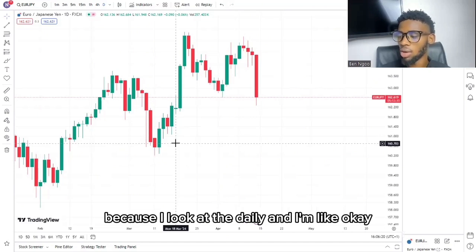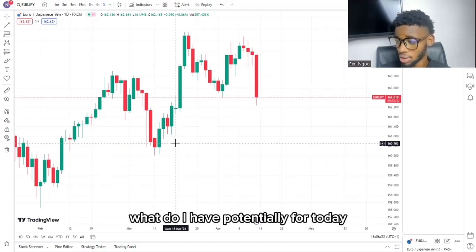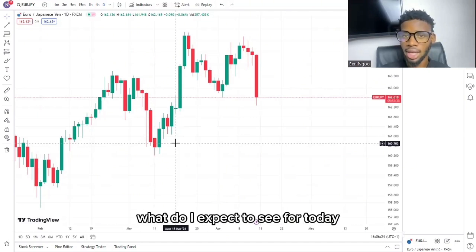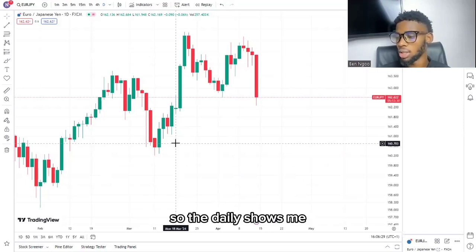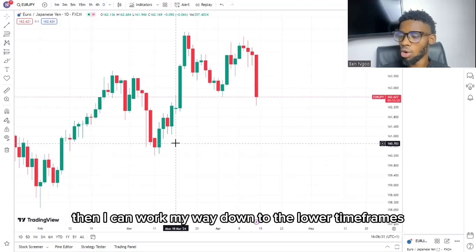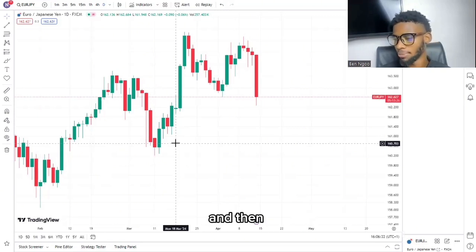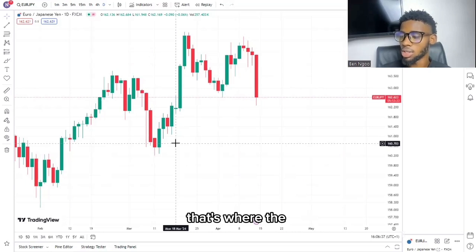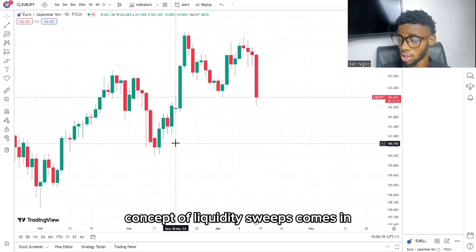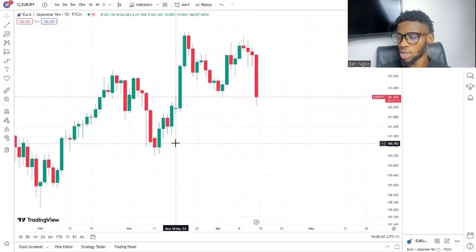I look at the daily and ask, okay, what do I have potentially for today? What do I expect to see for today? The daily shows me, then I can work my way down to the lower time frames, and that's where the concept of liquidity sweeps comes in.